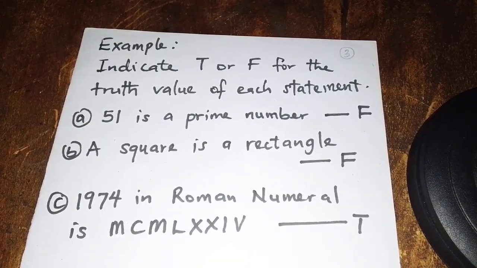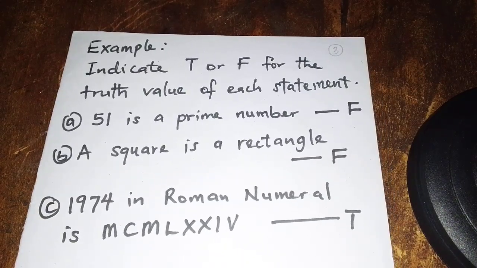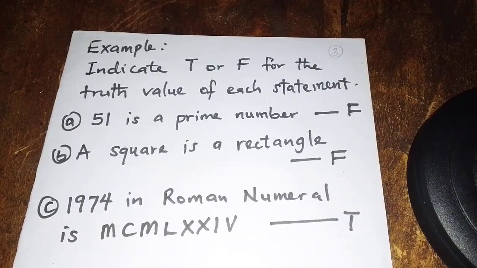So your knowledge of writing in Roman numerals now helps you to understand that what you are having here is the real value of 1974 written in Roman numerals. So you can say that this statement is true. So before you can say a statement is true or false, you must be able to have a pre-knowledge of that statement.